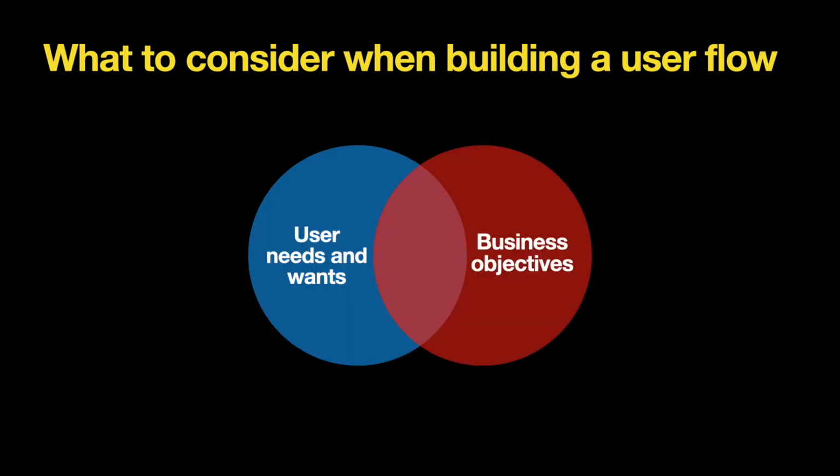After you identify user needs, you need to match them to business objectives. Business objectives are the actions you want users to take. For example, the business objective can be to purchase a product or join an email list. When you match the user needs and business objectives, you will find the sweet spot, a place where users' and business needs are met.